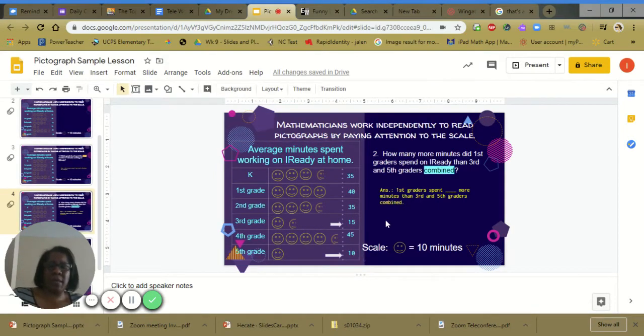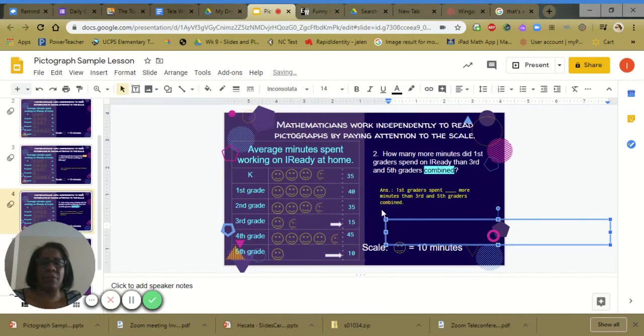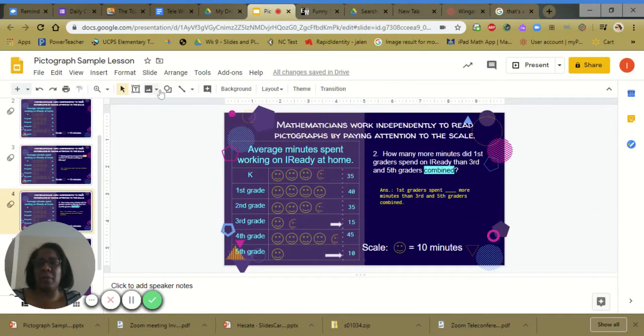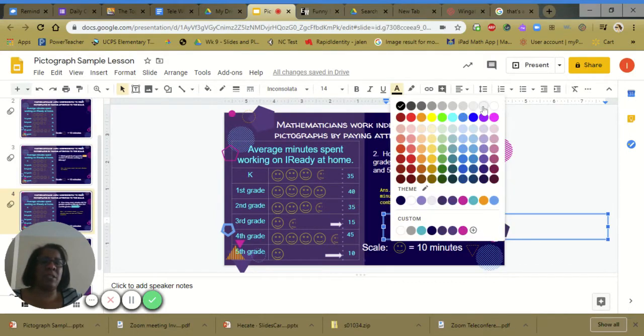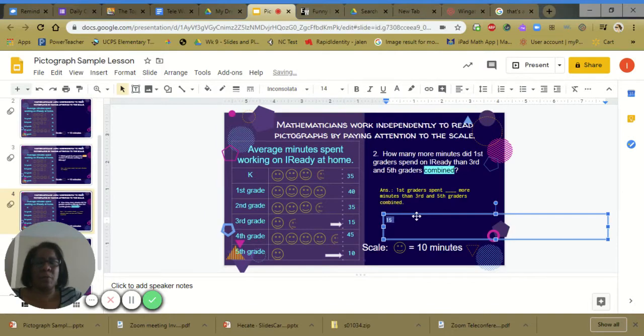So third grade has a total of 15. And again, it's defaulted to black, so I have to keep changing it. Otherwise, you won't be able to see what I'm doing here. So third grade has a total of 15, and fifth grade has a total of 10.